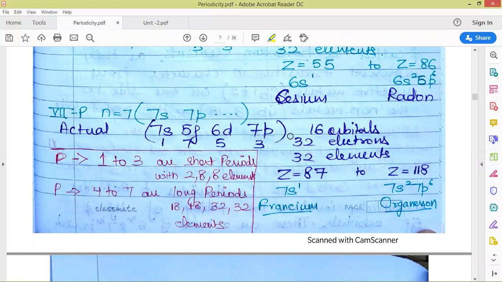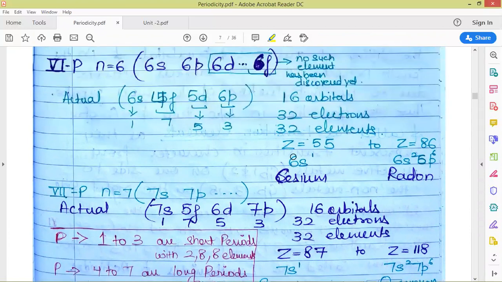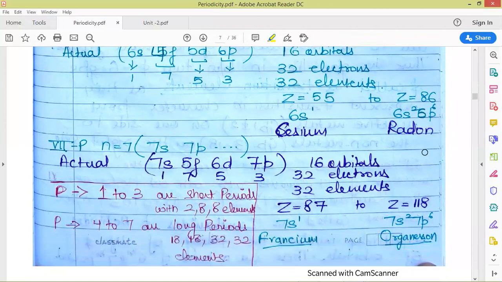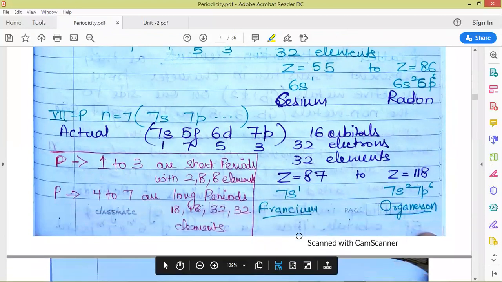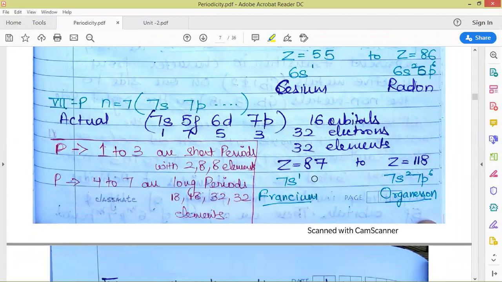So in actual, in the sixth period, the atomic number varies from Z equals 55 to Z equals 86, and for the seventh period the atomic number varies from 87 to 118.